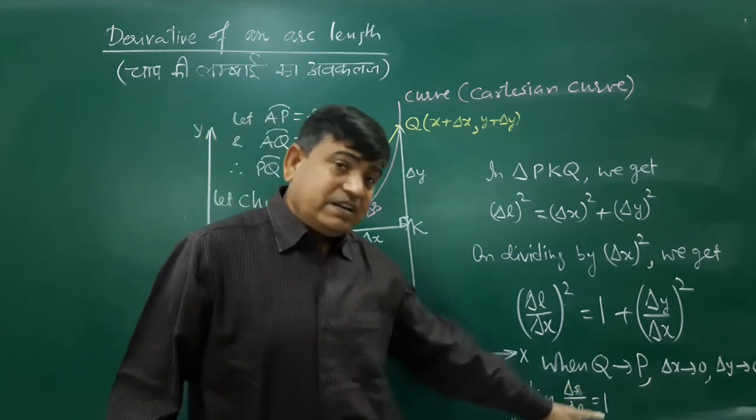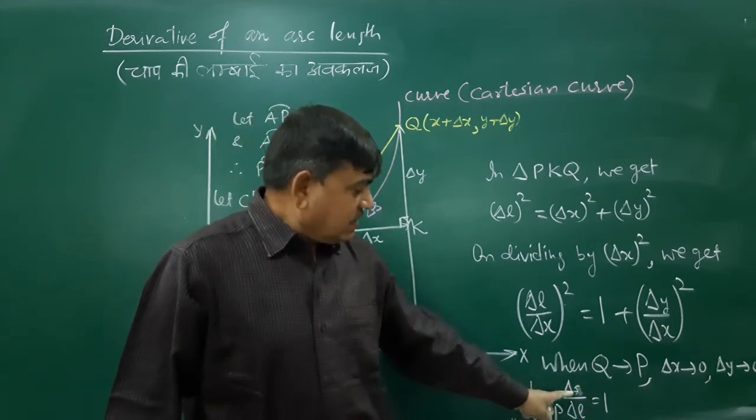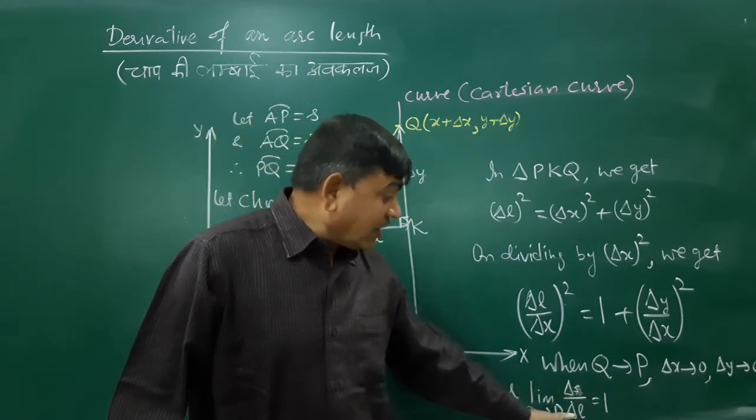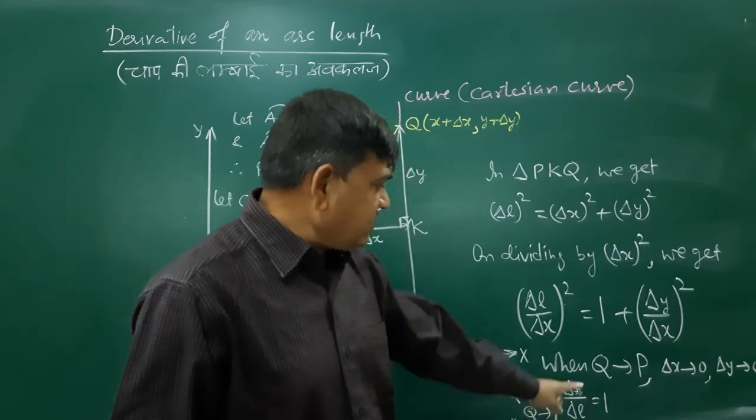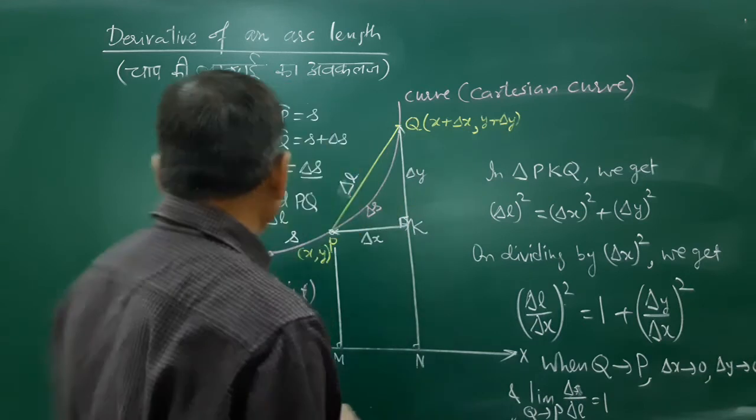Remember, this we have already done. Arc length upon chord length, when this limit is equal to 1, we have just proved, so we just apply this limit. Okay, so let's see.